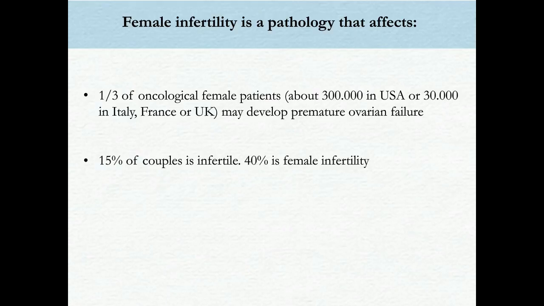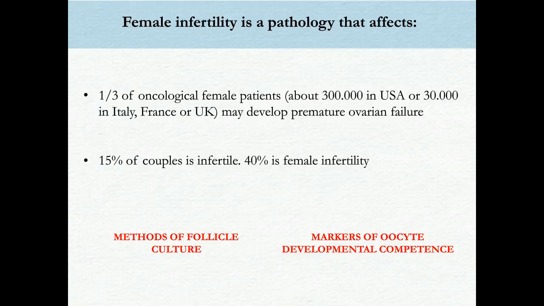Clearly, the availability of robust methods of in vitro culture of ovarian follicles and of markers of oocyte quality would help the production of follicles and the identification of those oocytes that, after fertilization, are capable of further development, and thus improving the chance for women of having a baby.